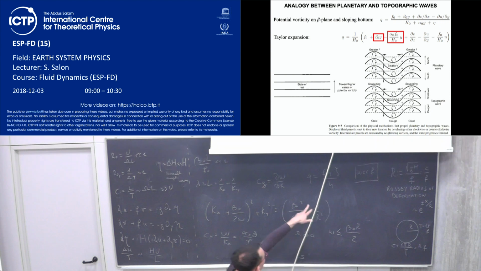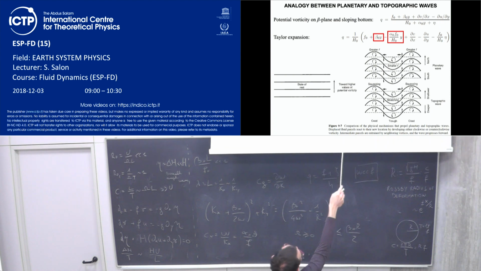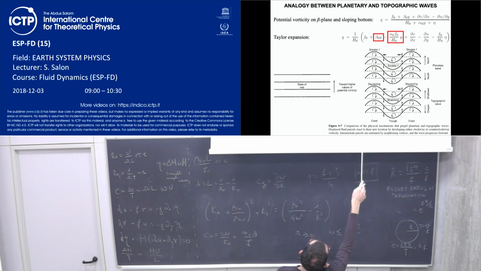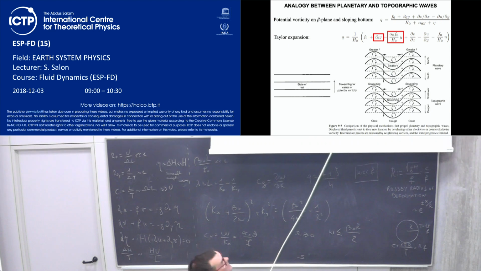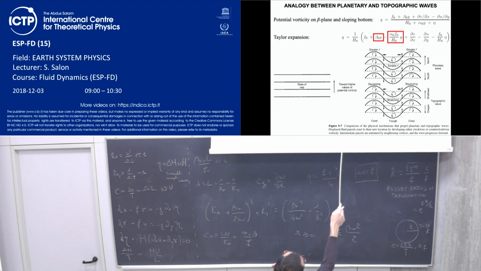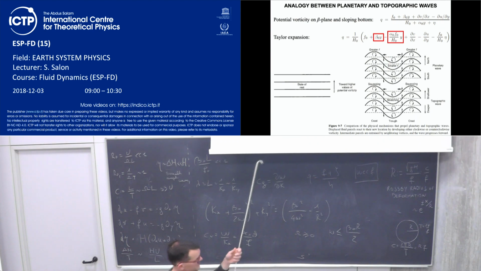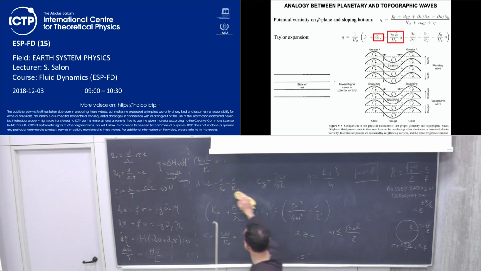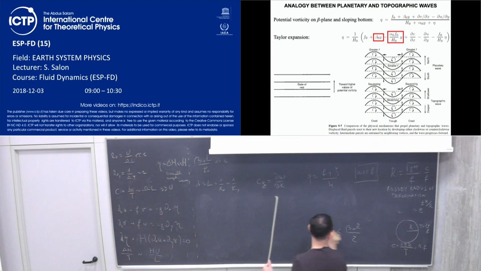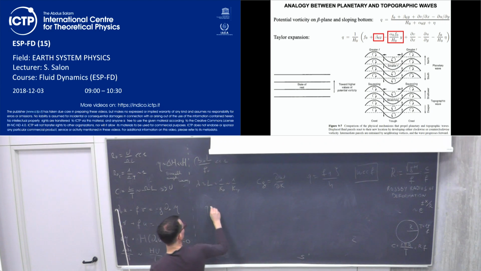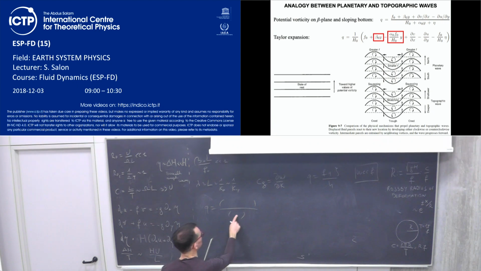So if we substitute to F the perturbation of the planetary effect, and to H the perturbation due to the topographic effect, we can solve Q, make an approximation here to find this expression, which is based on the fact that I'm writing the expression of the potential vorticity, which is Q equal, there is a big expression in the numerator and a smaller, shortest expression here.